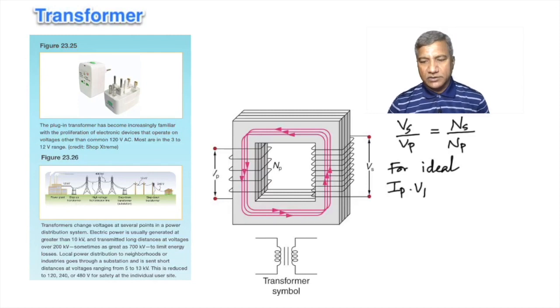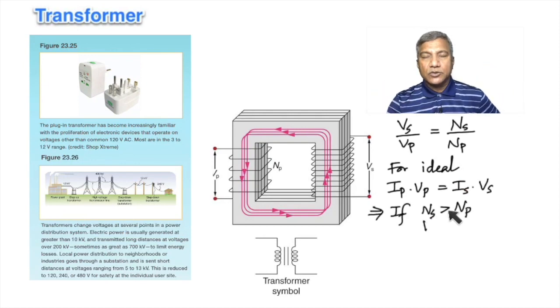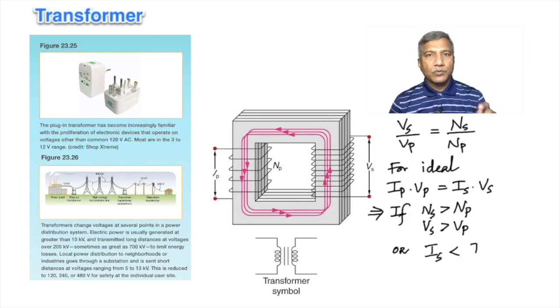That's for voltages. But for currents, if it's an ideal transformer, which means there is no wastage of power, and you know power is the product of current and voltage, in that case, the power in the primary is equal to the power in the secondary. So Ip times Vp is equal to Is times Vs. And that means if Ns is greater than Np, voltage in the secondary is going to be greater than in the primary.